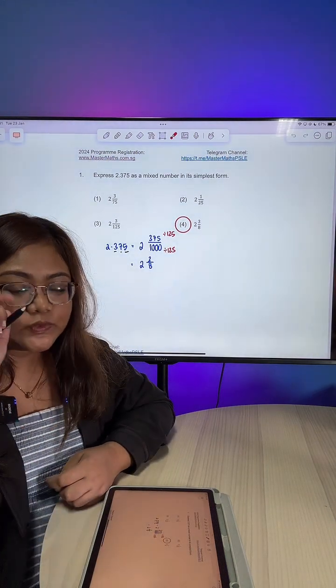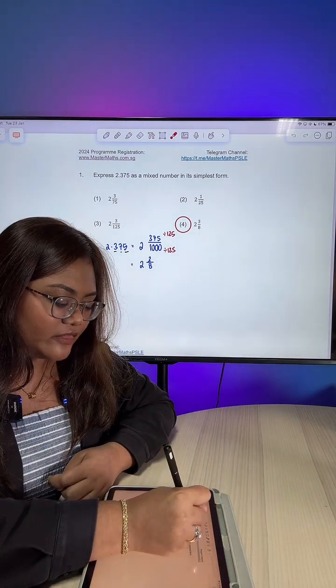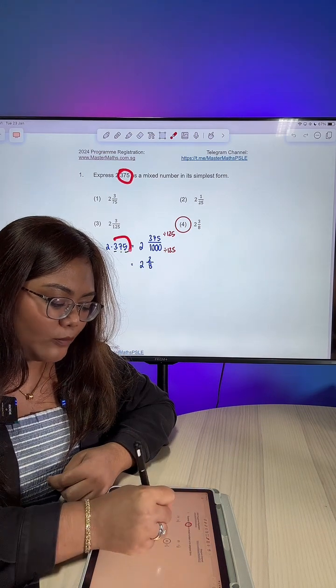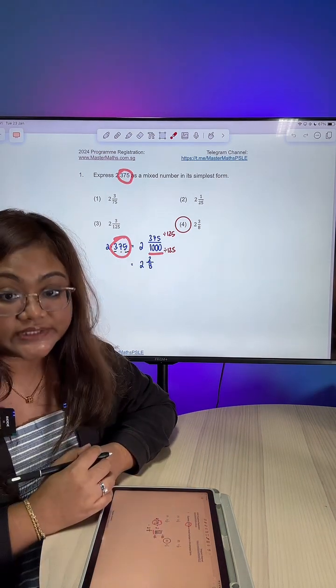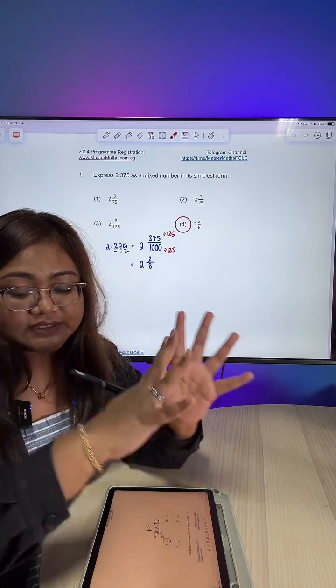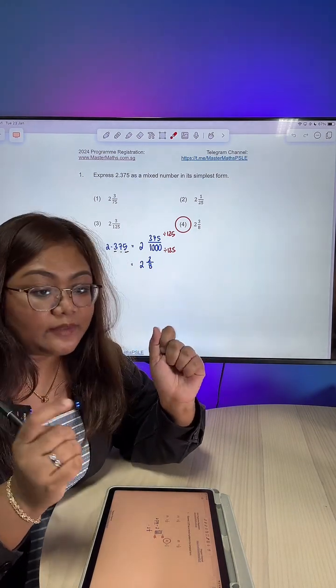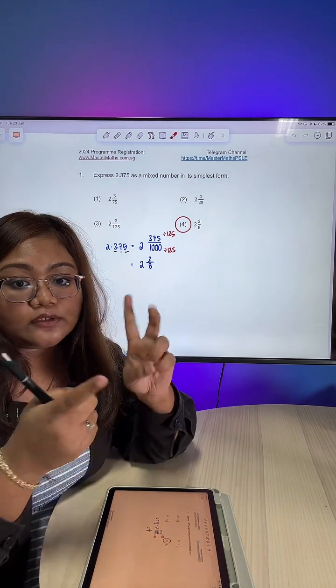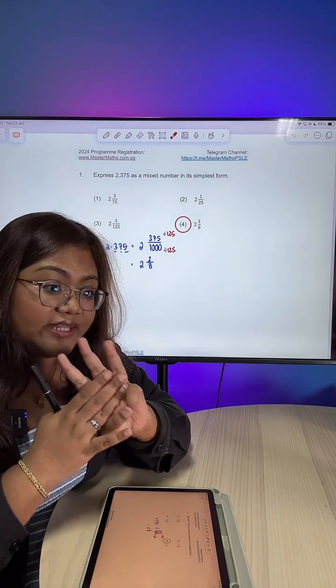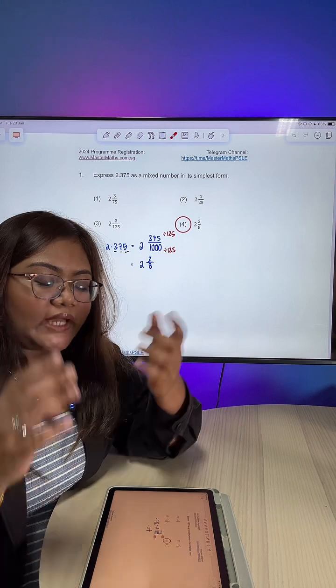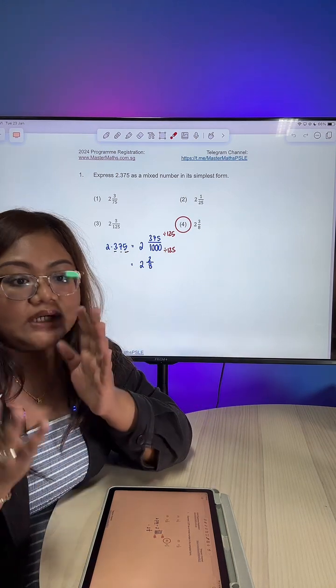Okay, so I'm going to repeat this one more time. Okay? So, step 1. I see 3 decimal places. I know my denominator must be 1,000. For a fraction, from decimal to fraction, my decimal will either be, in our syllabus, 1 or 2 or 3 decimal places. And therefore, our denominator would be either a 10, 100 or 1,000.